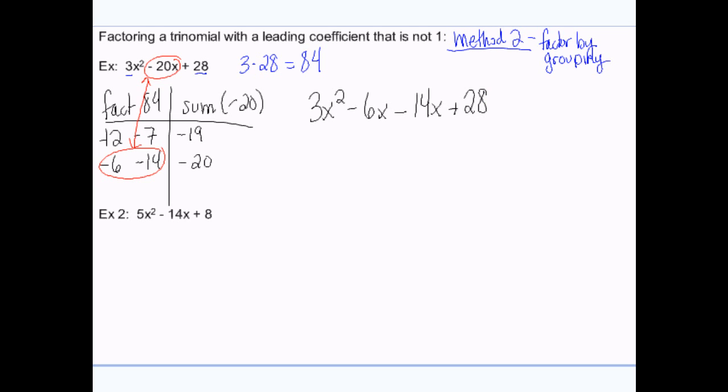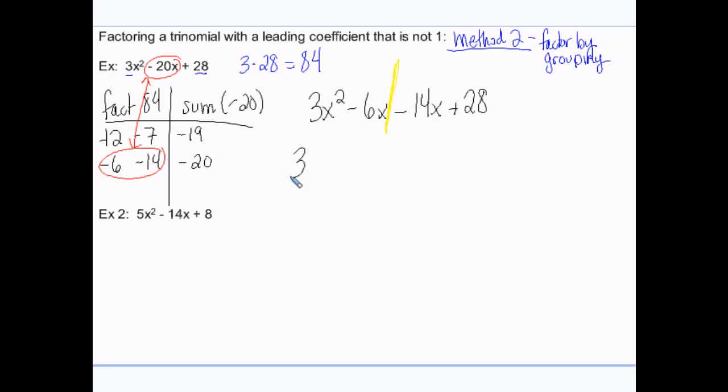Now what I do is I look at these as two different zones: the first two and the second two. From the first two, I know they have a 3 in common, so I can take that out.